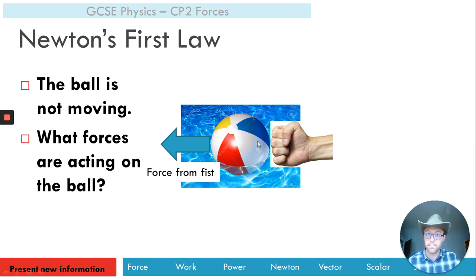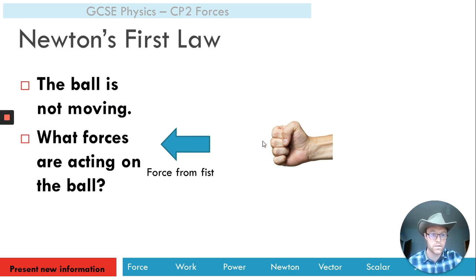There's no force acting backwards on the ball from my fist, and so the ball will accelerate to the left. If, when I add up all the forces acting on an object, there is a resultant force, then the object will accelerate in the direction of the force.